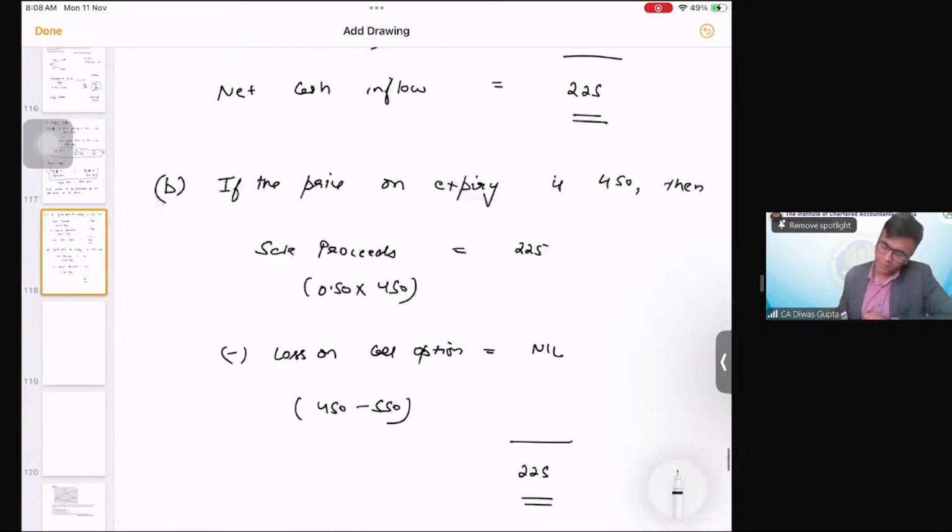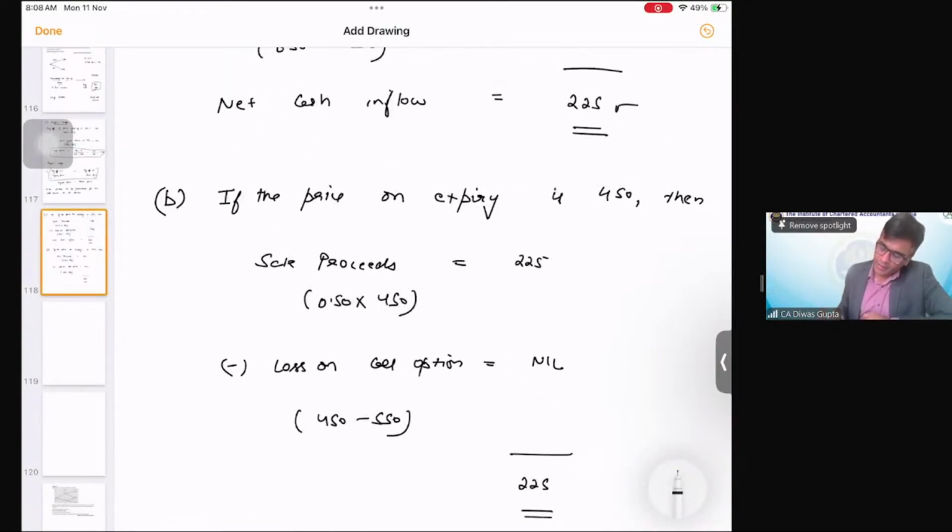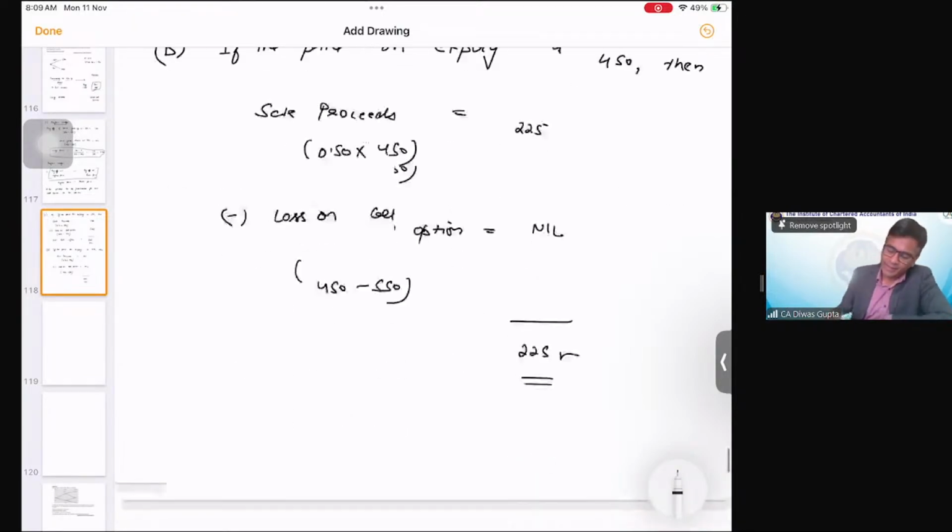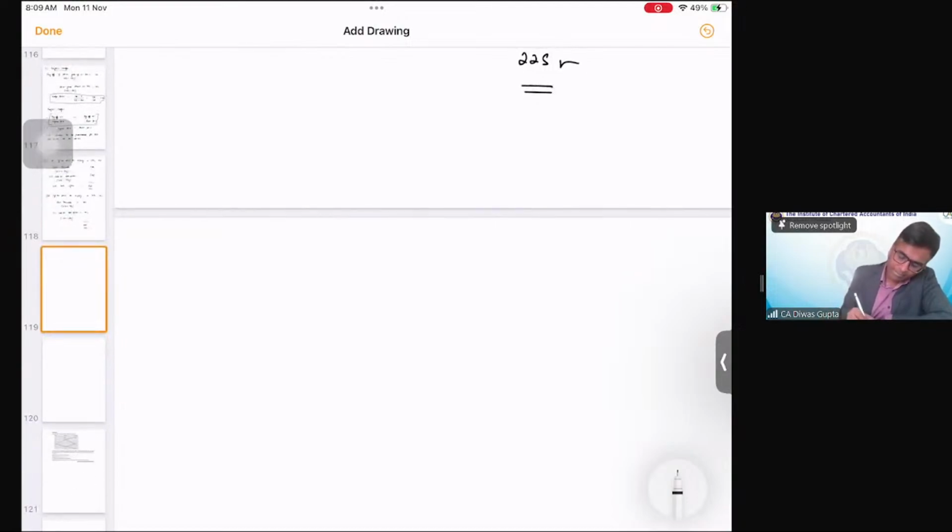So 225 here and 225 here. If it's a complete hedge, then only this situation is possible, where in both the cases, 225 and 225 is the price.